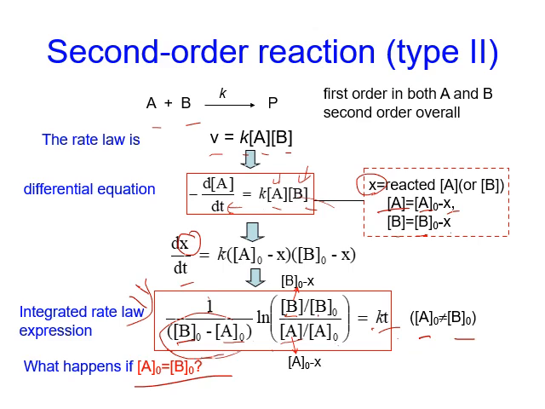But if the initial concentrations of A and B are the same, then at any time they're always the same. So [A] equals [B], and therefore the rate law can be written as k[A]^2. And that goes back to the type 1 second order reaction. Just A, you don't need B because they are always the same, just k[A]^2. And therefore you go back to the type 1 second order reaction.